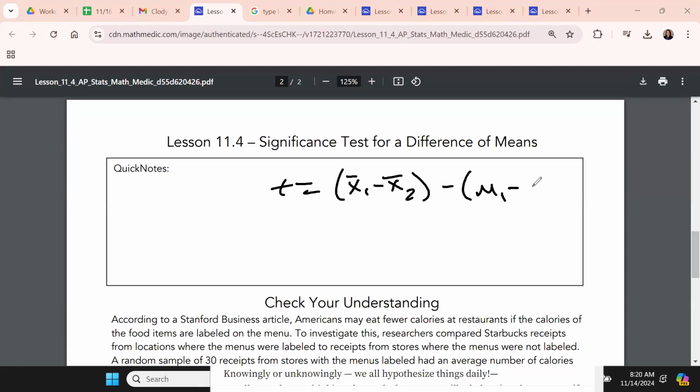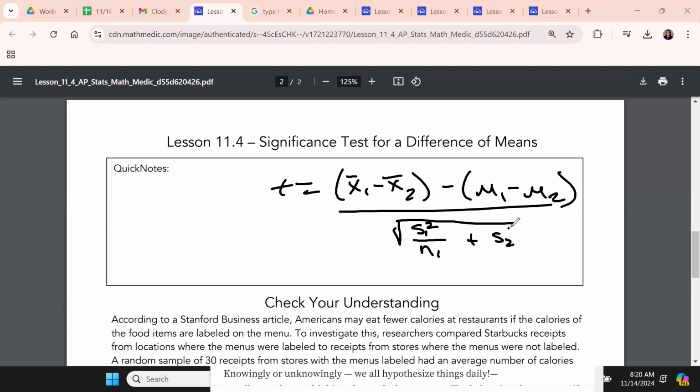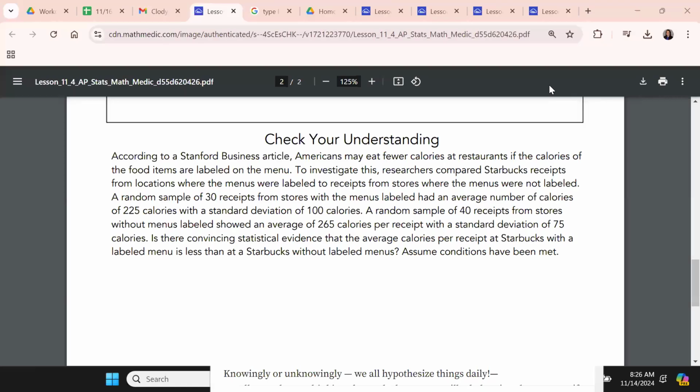What I want to do one day after we finish this unit is do our own formula sheet and actually make it make sense, like list out what it actually is versus just having random numbers or random letters on the page. All right, go ahead and do your check your understanding. All right, let's finish this up.